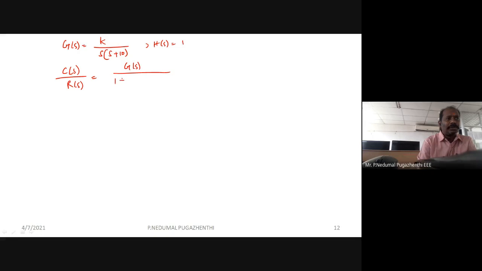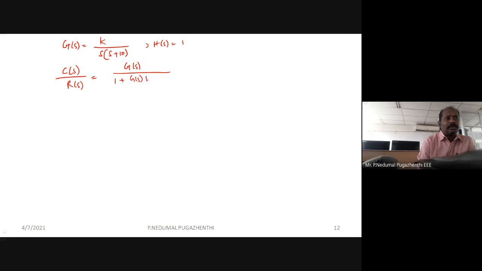G of s is provided as k by s into s plus 10, and h of s is equal to 1. So I go for the closed loop expression of the general second order form. I'm trying to give you the general form of the closed loop transfer function notation.